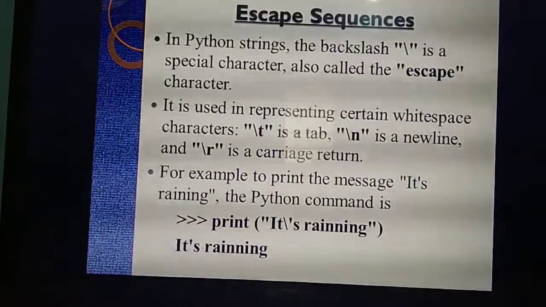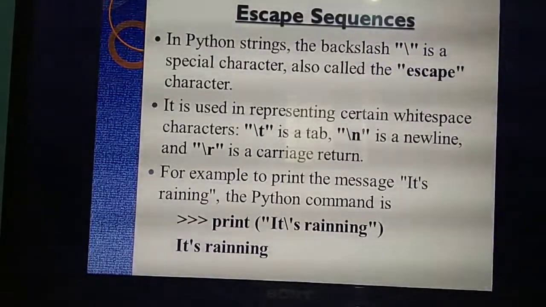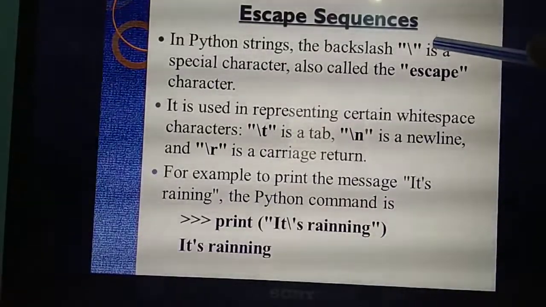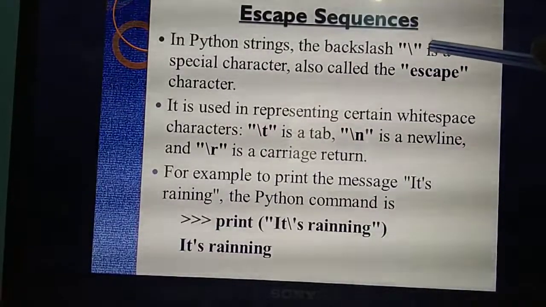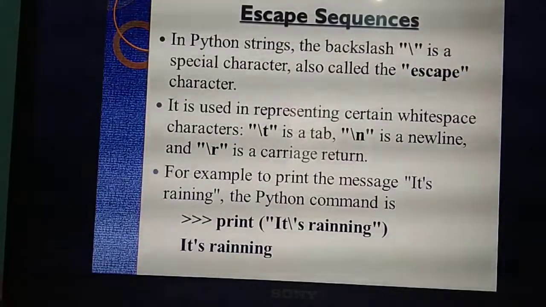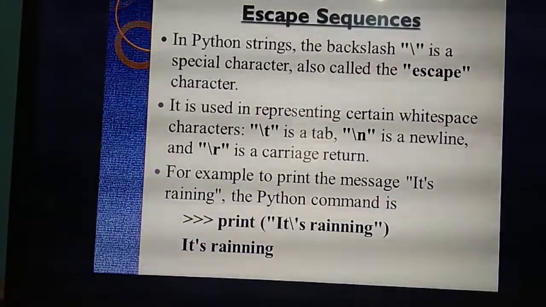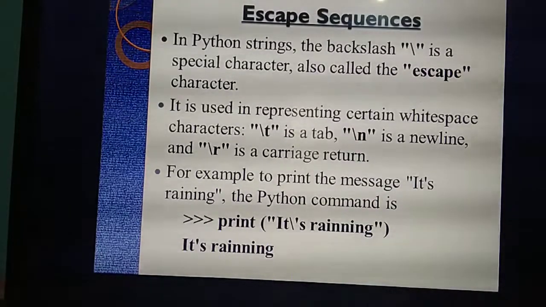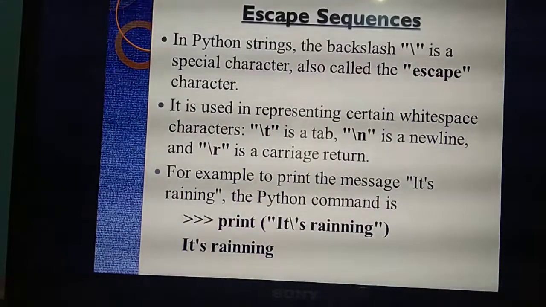So listen carefully. What do you mean by escape sequence? Which symbol is the special symbol to denote the escape sequence? Backslash. What's the name of this backslash? Escape character. What's the use of this backslash in a Python program? It is used to represent white space characters.